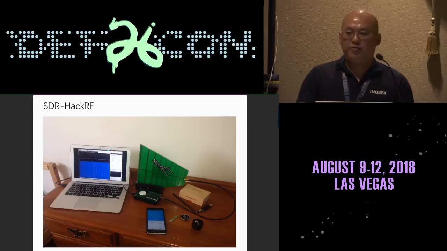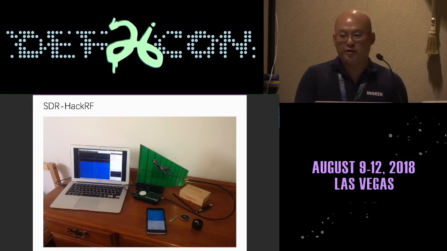So this is a very simple setup like this. We're using an SDR device, and we connect to an antenna, and then we simply press the lock or unlock buttons, try to receive some signals, and see if the configuration is correct. I'm using HackRF here, but really it doesn't need to be just HackRF.